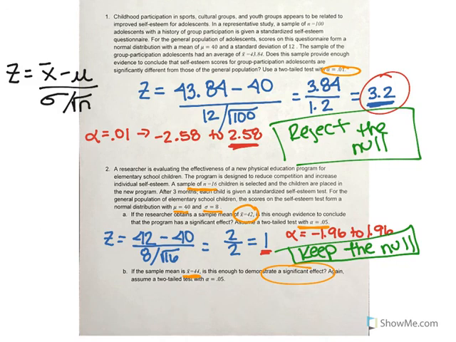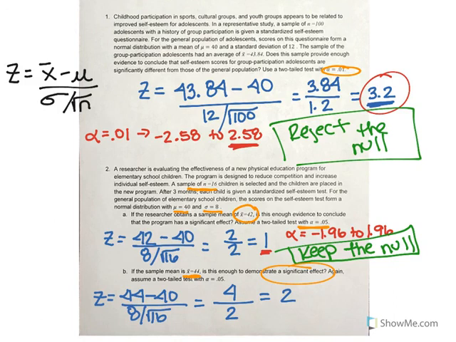So let's find that Z. So we have 44 minus 40 over 8 divided by the square root of 16. So instead of a 2 on top, you have 4. And we still have 2 on the bottom. So this time, our Z will increase to 2.